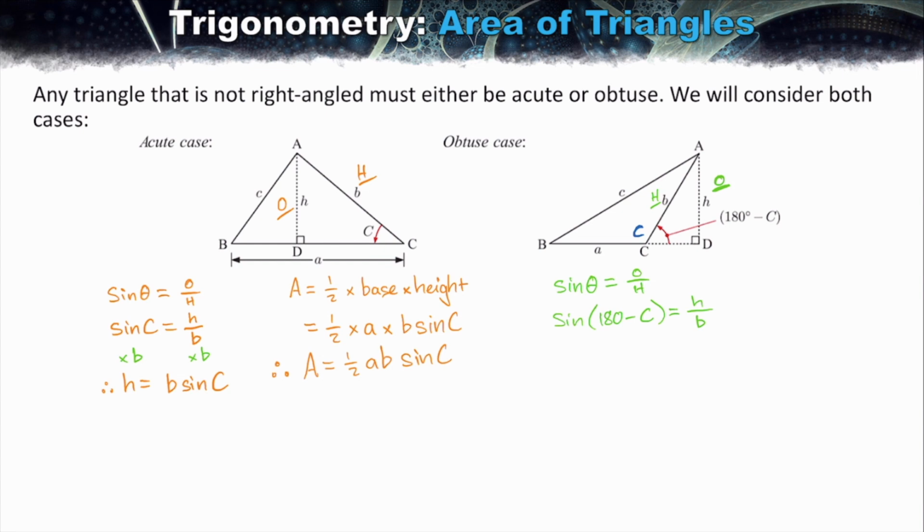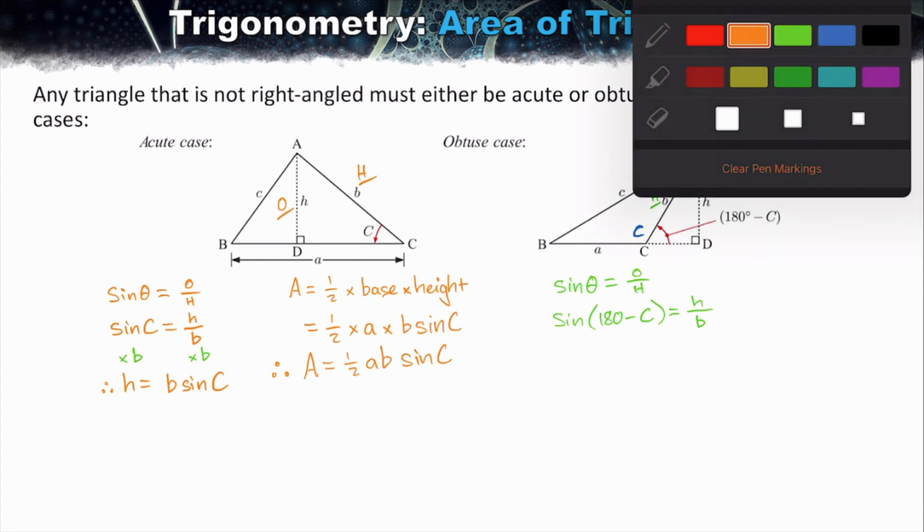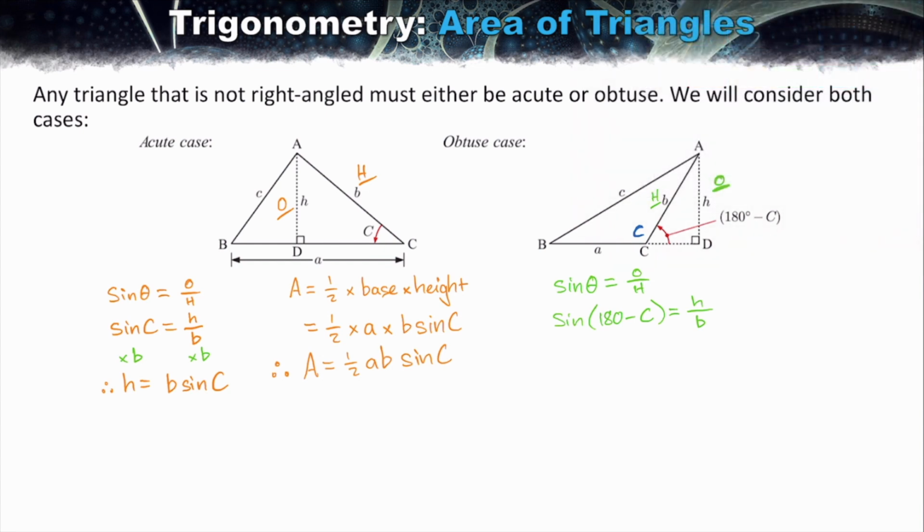So we're in a similar situation. We need to get the height on its own. So we're going to multiply this by b, we're going to multiply this by b, and you can suddenly see here that our height is going to be equal to b multiplied by the sine of 180 minus C, which is great. We've got our height.